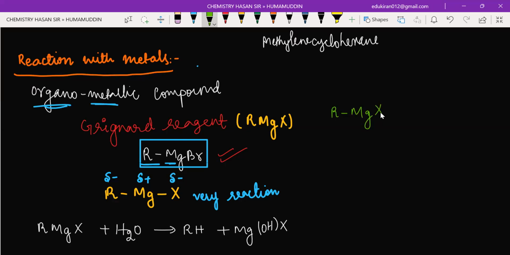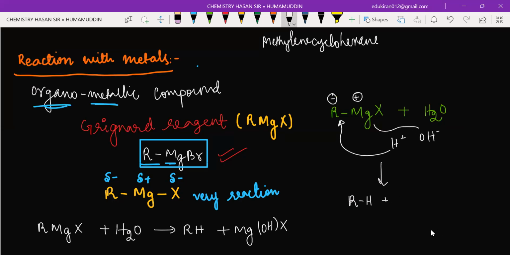Now you know that water has two parts, H plus and OH minus. This is metal, so it is electropositive, and there is negative. So this positive will directly join with negative and become hydrocarbon RH, and this will be negative, so it joins and becomes MgOH.